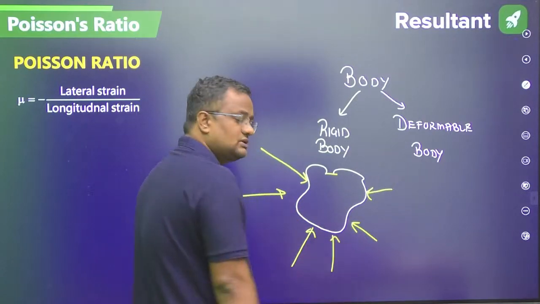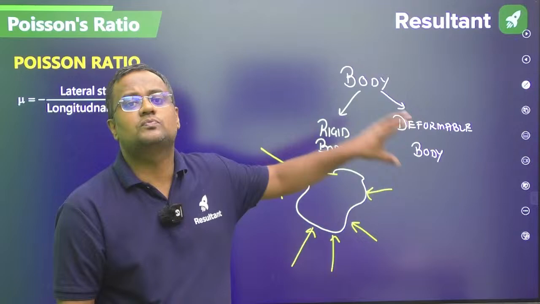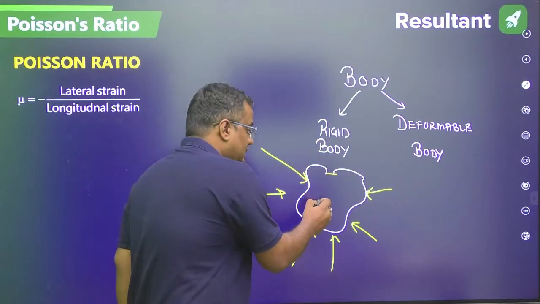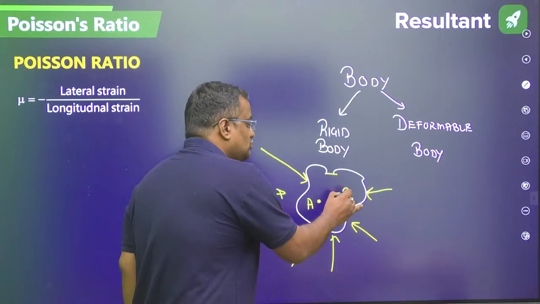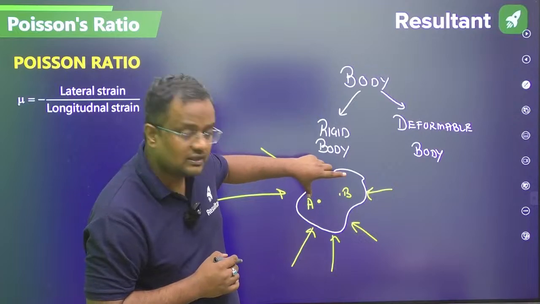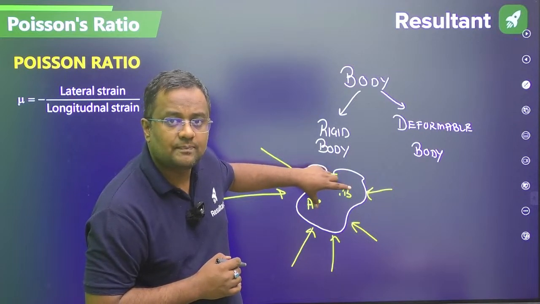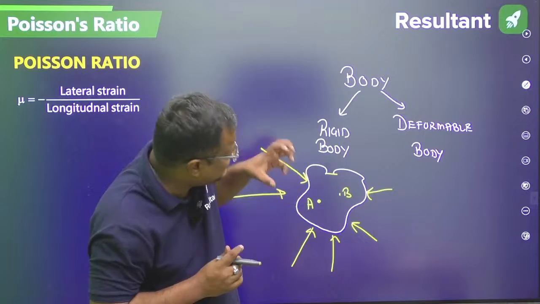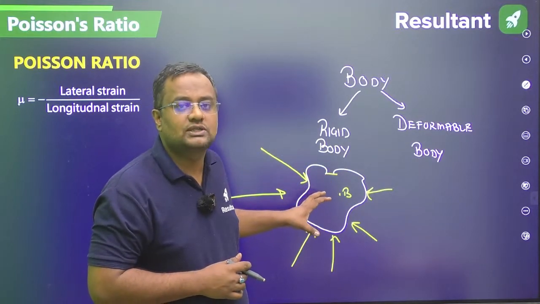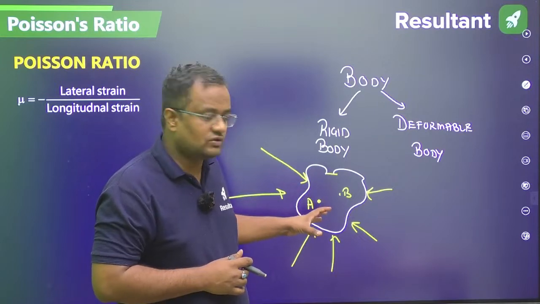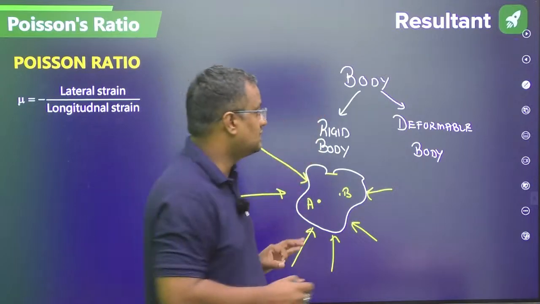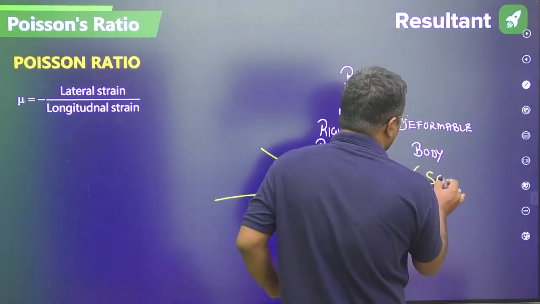And if by application of force the position of two points, let us say A and B, is not changing, neither are they coming closer, nor moving apart, nor is the orientation changing, the dimension and shape are not changing, the body is considered a rigid body. And if by application of force these things change, the body is a deformable body.